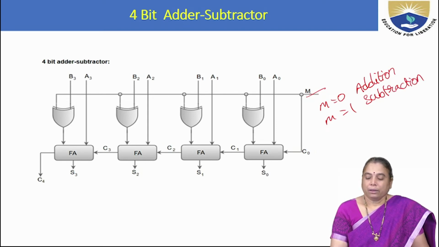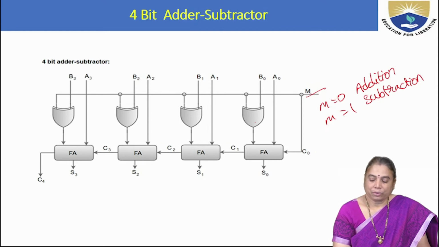And here this is the exclusive OR gate. With this gate, the two numbers to be added or subtracted can be stored in the A register and B register. The corresponding bits, the 0 bits from the A register and the B register, are given as input to the first full adder along with the carry bit.